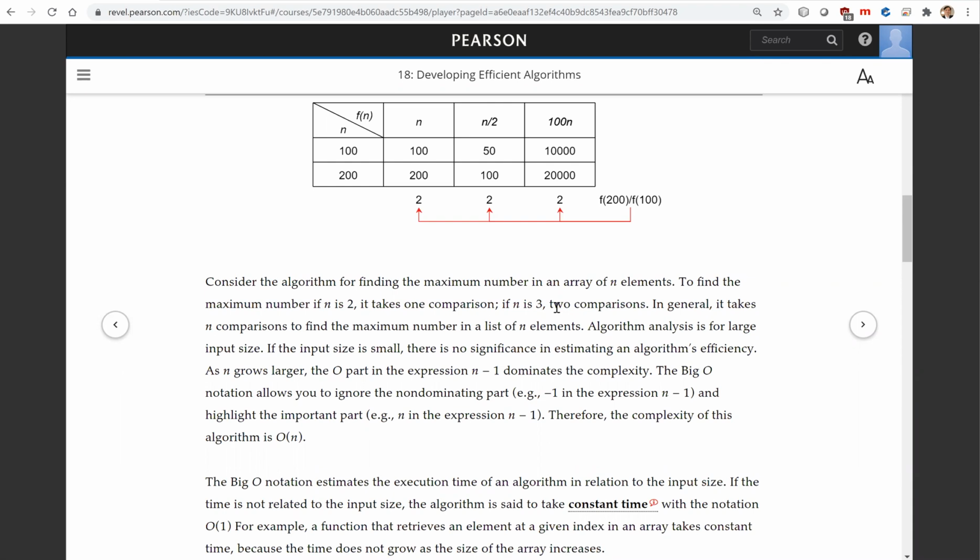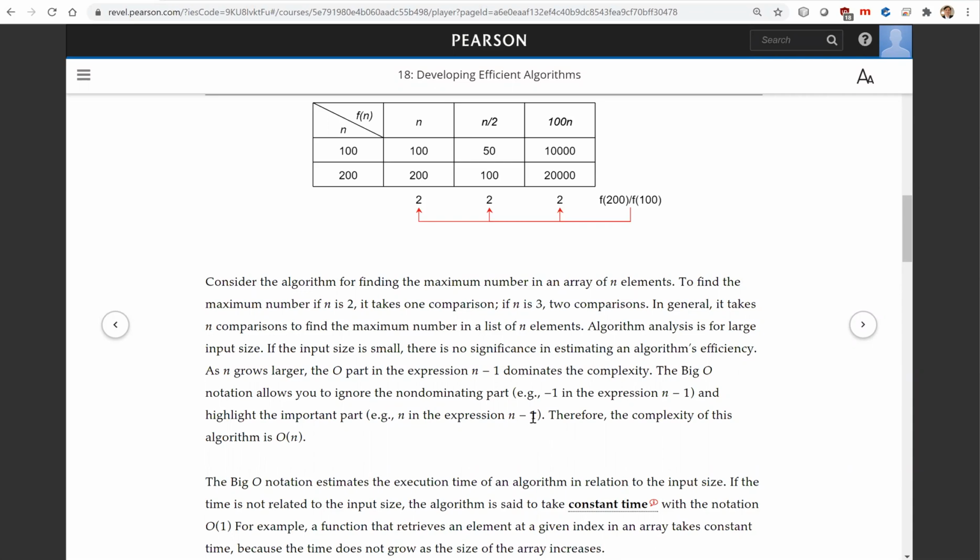As n grows, the n part in the expression n minus 1 dominates the complexity. The big O notation allows you to ignore the non-dominating part. Here it is the minus 1 in the expression n minus 1, and the important part in this case is n. Therefore, the complexity of this algorithm is order of n. The non-dominating part, minus 1, is omitted.